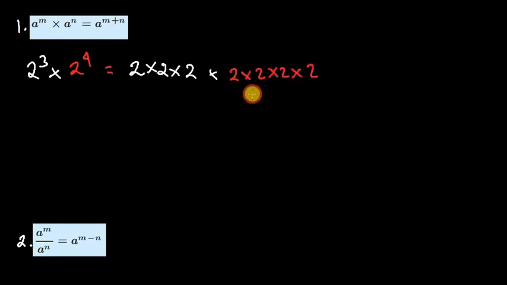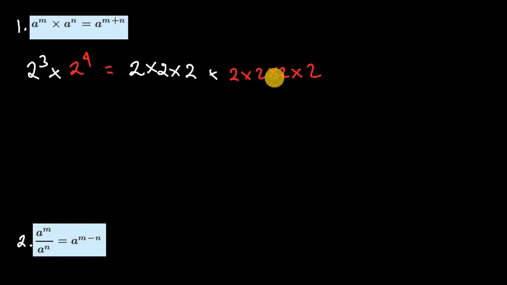Let's go. For example, if I have 2 to the power of 3 times 2 to the power of 4, let's see. 2 to the power of 3 is 2 times 2 times 2, and 2 to the power of 4 is 2 times 2 times 2 times 2, 4 times.